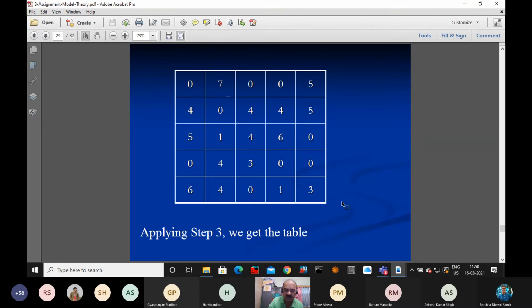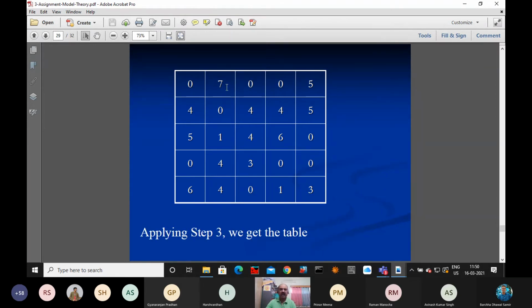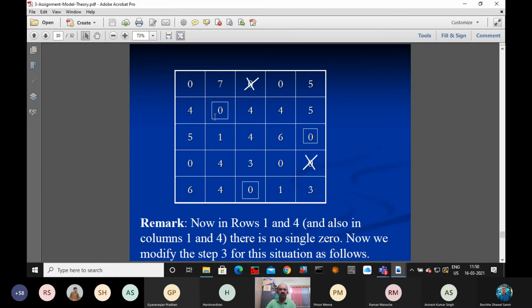This algorithm says that in the first row, there are 3 elements, we cannot assign. In the second row there is 1, so when there is only one, you have to assign that. Once you assign, you cross out all the other zeros. So this we are assigning. Now in the second row, there is 1 zero we have assigned.